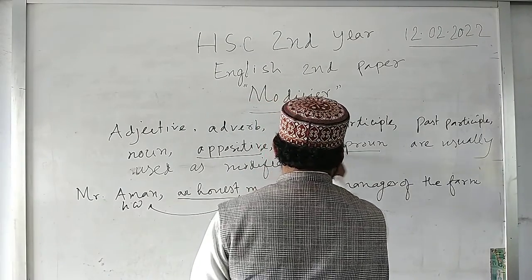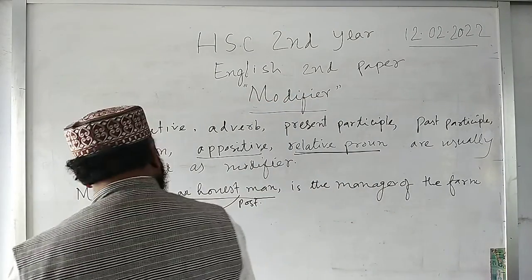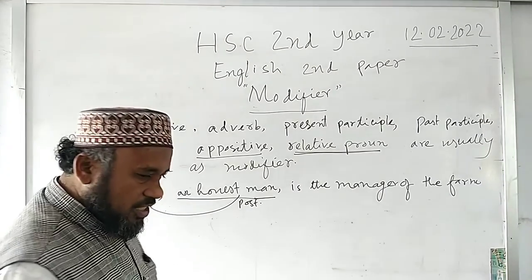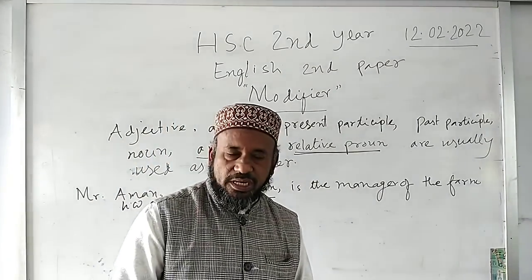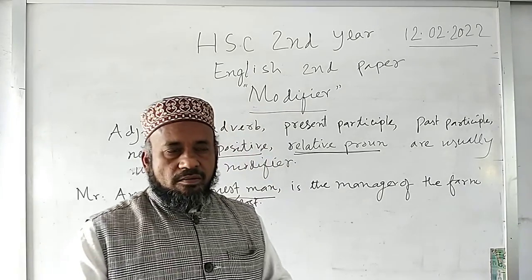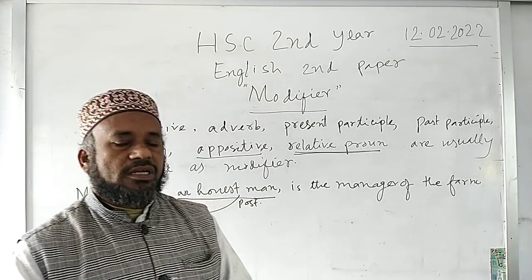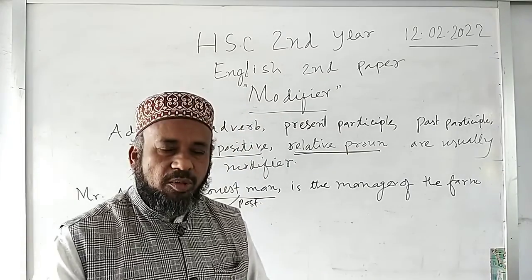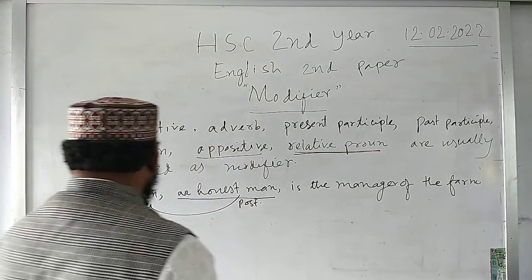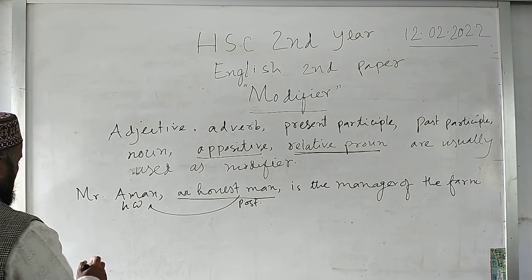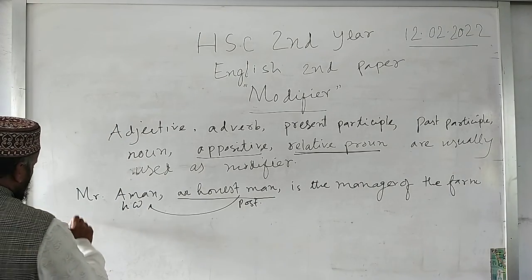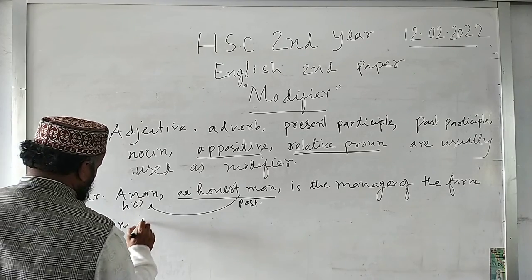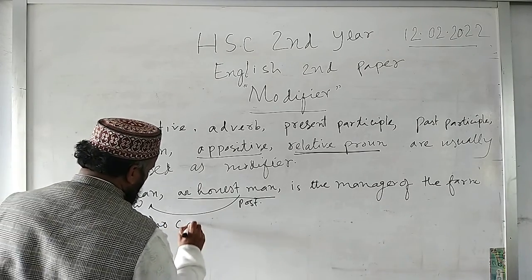Another, that is relative pronoun. This is another grammatical term. Actually, if we try to analyze the grammatical terms, many other grammatical terms come out. That is, grammar comes in grammar.